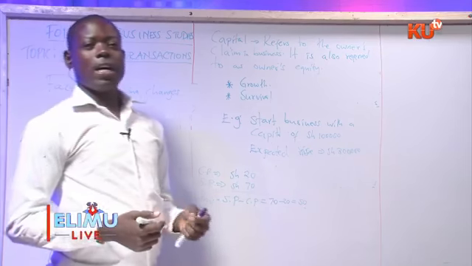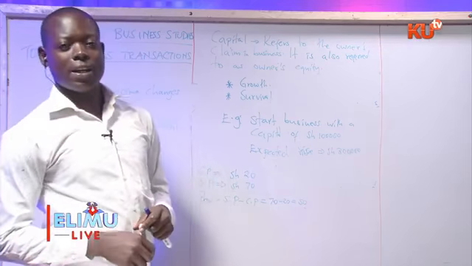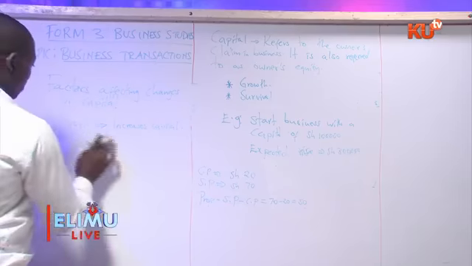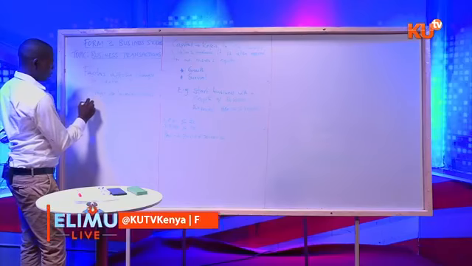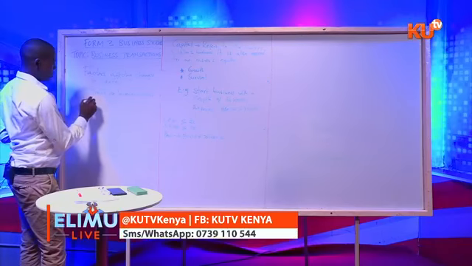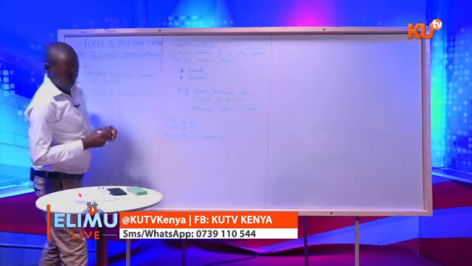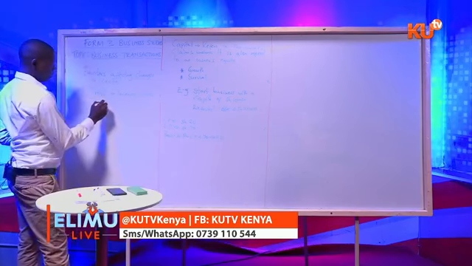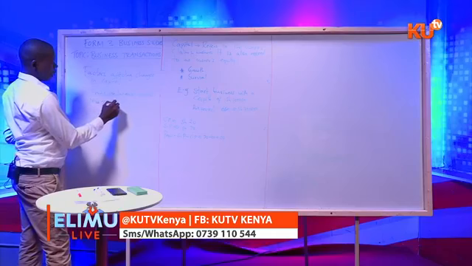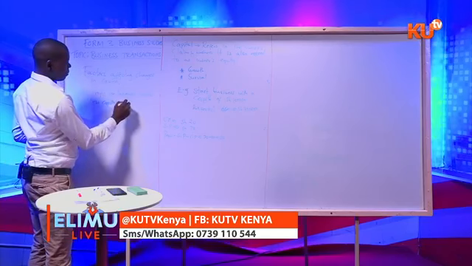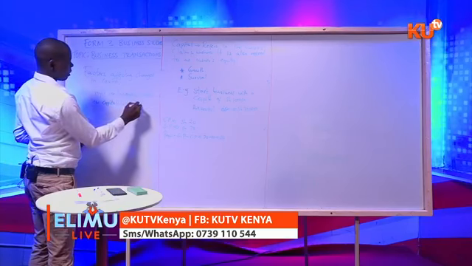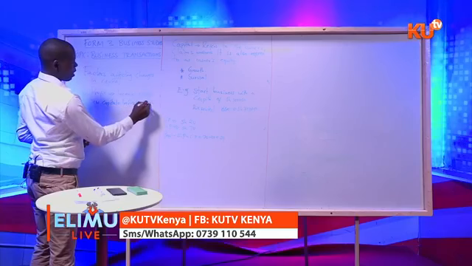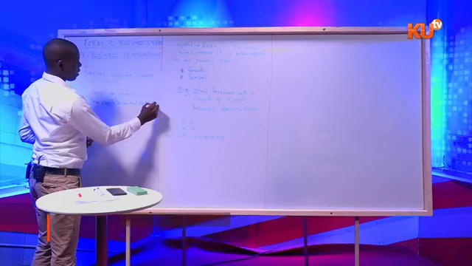So how will we then achieve the capital at the end? The final capital, or the new capital, will equal the initial capital, to which we add profits.